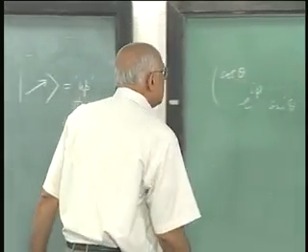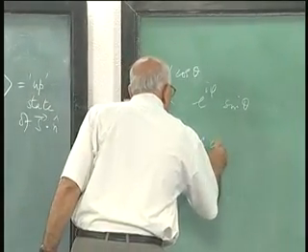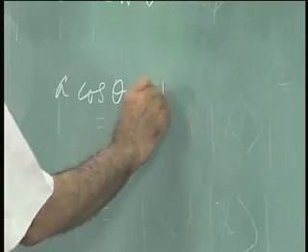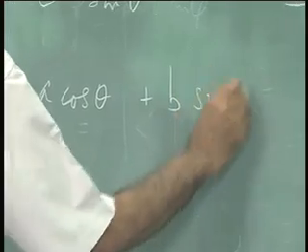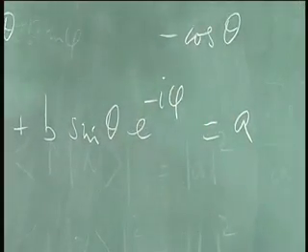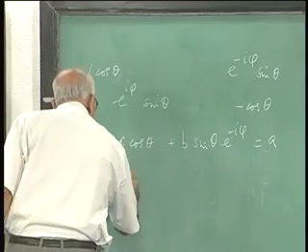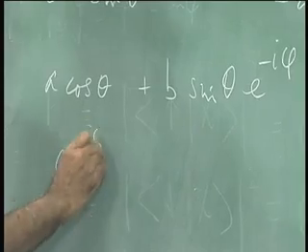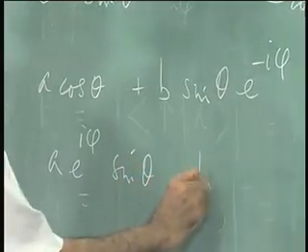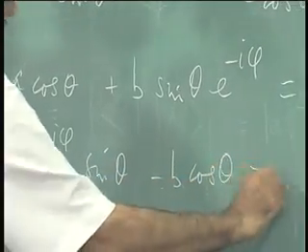So what does it give you? a cos theta plus b sin theta e to the minus I phi equal to a, and similarly a e to the I phi sin theta minus b cos theta equal to b.